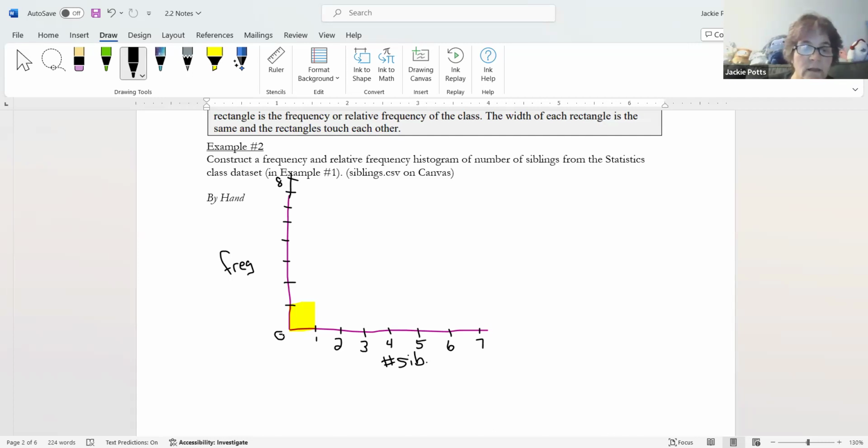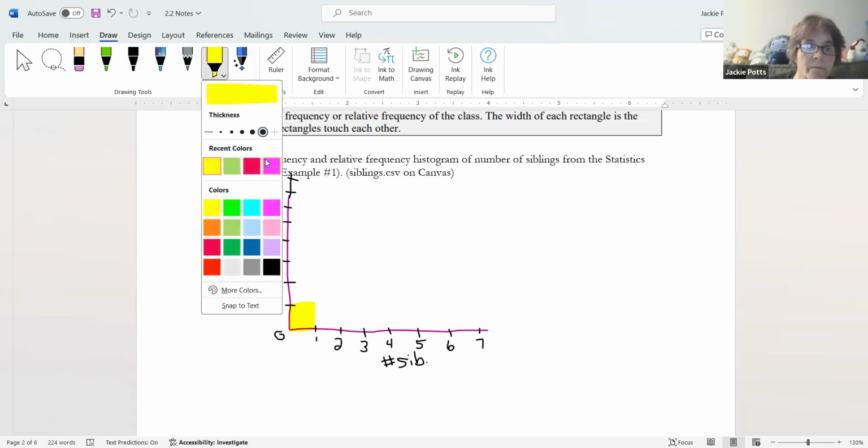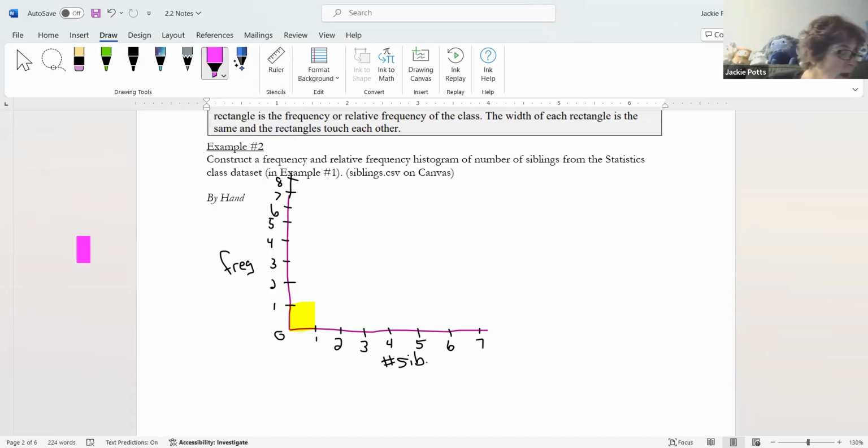So when I look at this, this tells me one student has 0 siblings. Read from the left of the bar. All right. So 1 has 4 siblings. So I'm going to come up to here. Again, remember, bars touch.